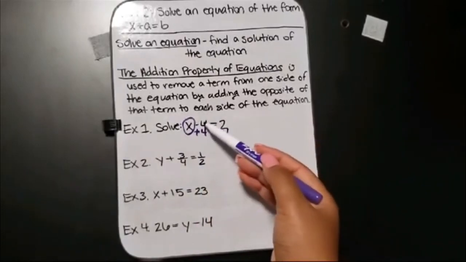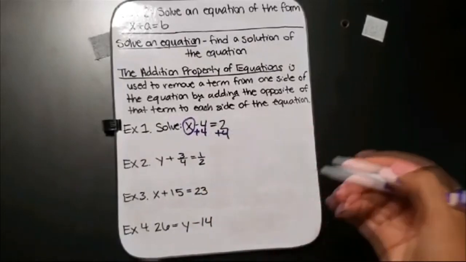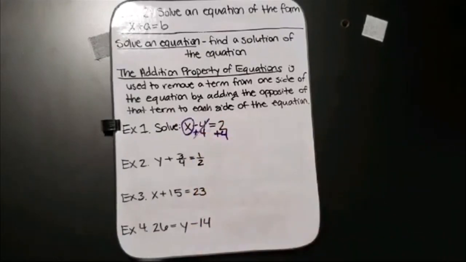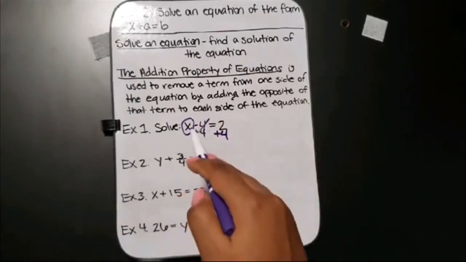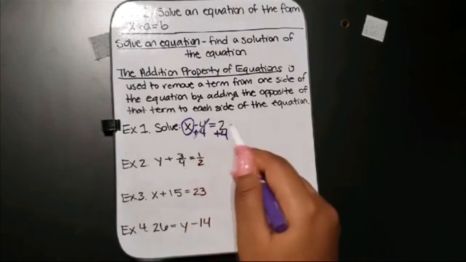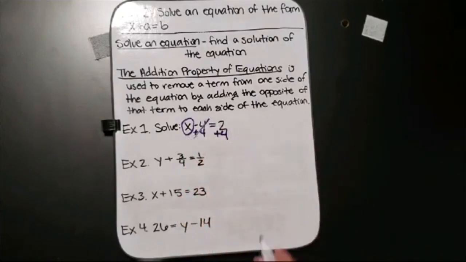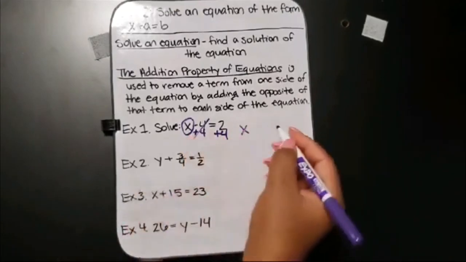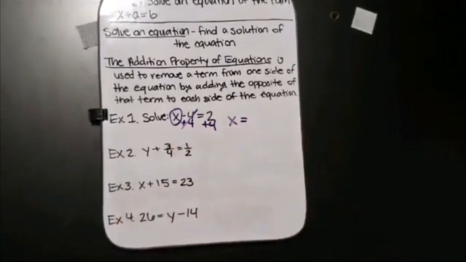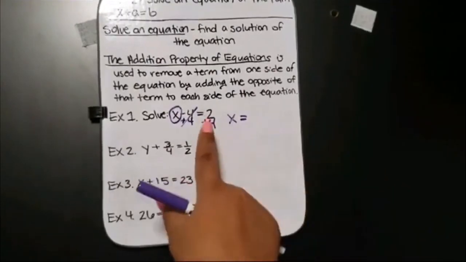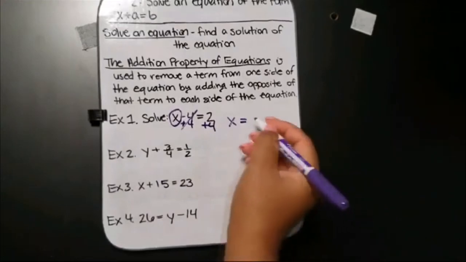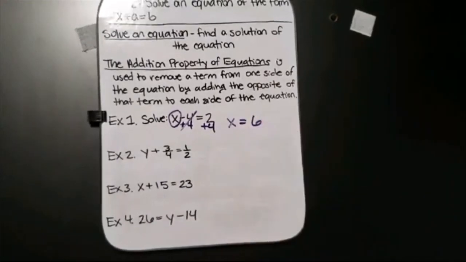So if we think about negative 4 plus 4, that's 0, right? So now the only thing we have over here is x. Do you guys see that? So now we have x on the left side, we have our equal sign, and on the right side we have 2 plus 4, which is 6.